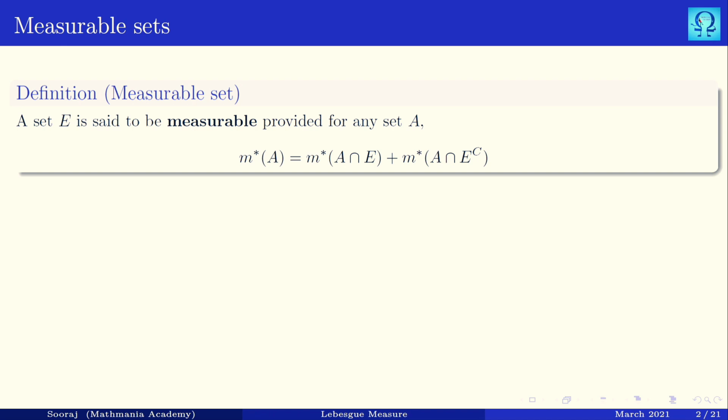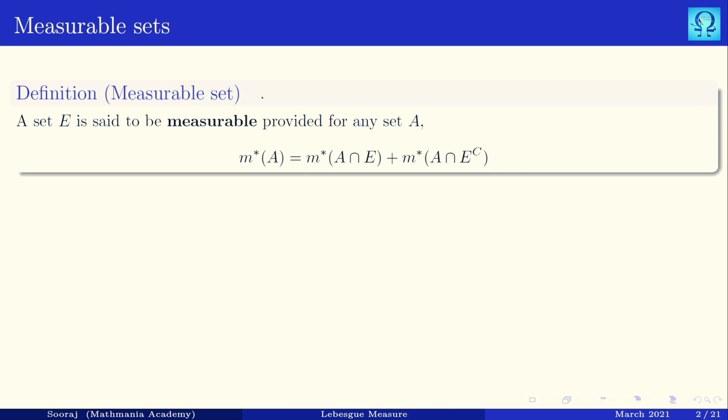So the proper definition is this: a set E is said to be measurable if, for any set A, the equality holds, that is, the outer measure of A is the same as the outer measure of A intersection E plus the outer measure of A intersection E complement.